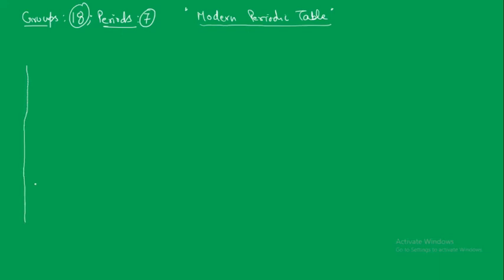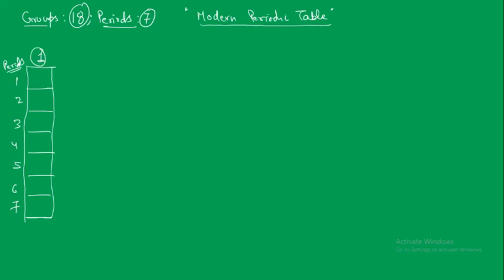The column must have 7 boxes: 1, 2, 3, 4, 5, 6, 7. These are going to represent the 7 periods, and this will be your first group.